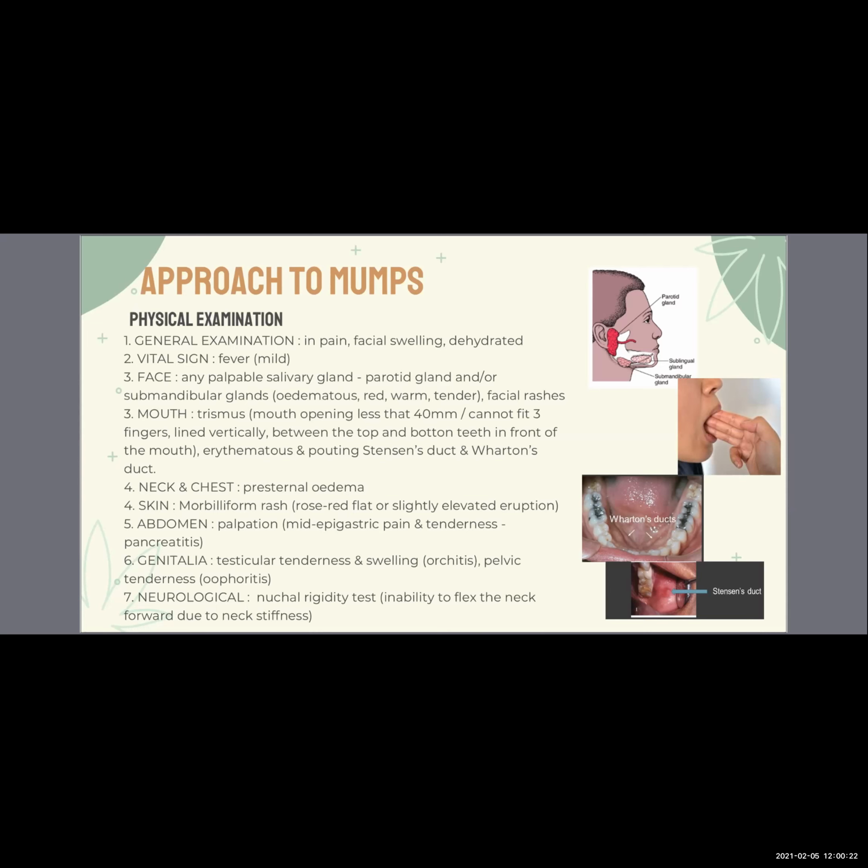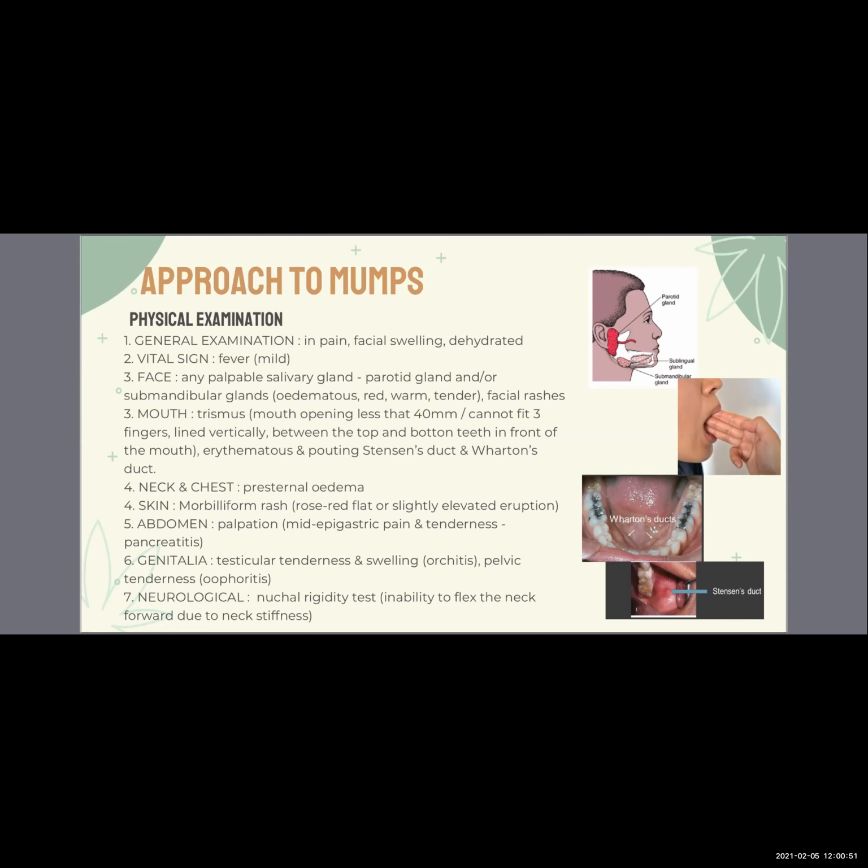And then also we can look for erythema and pouting of Stensen's duct and Wharton's duct. These ducts function to drain the saliva. Stensen's duct, also known as parotid duct, we can see near the second upper molar, while for Wharton's duct, we can see under the tongue, as in the picture below.